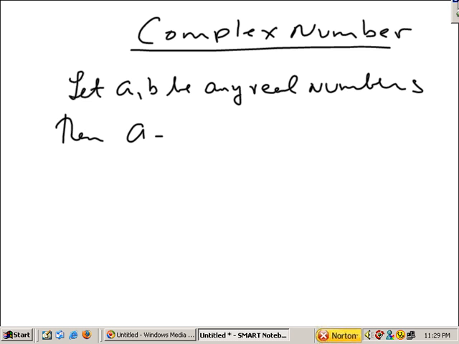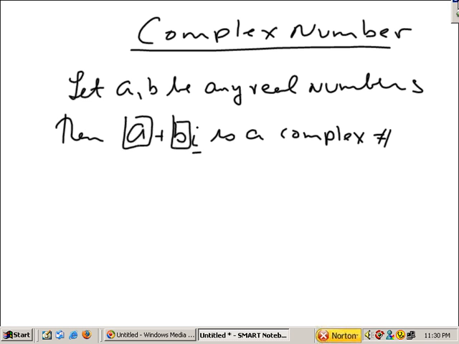Then A plus Bi is a complex number. It's a real number plus a real number times i.